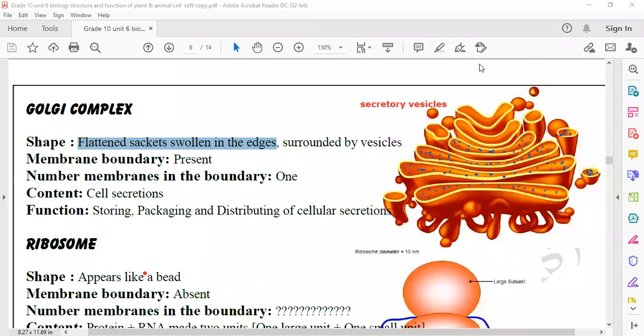Marking one, no? So mark it as secretory vesicle. Okay, fine. So, have we marked it?